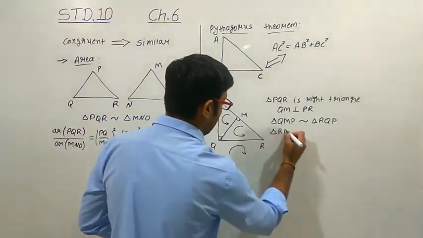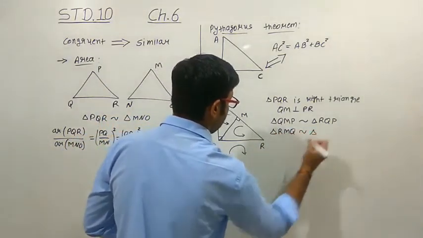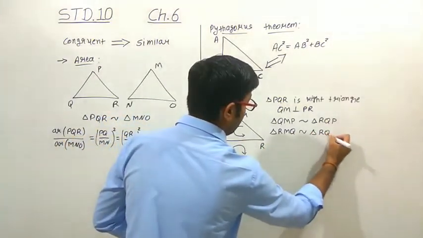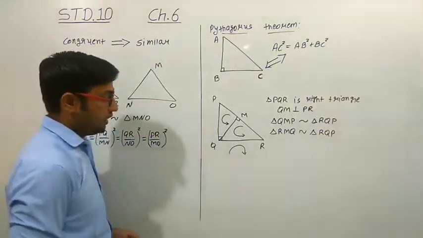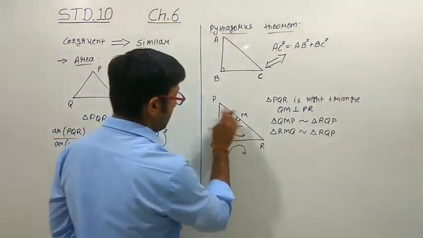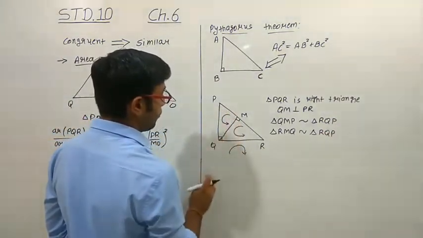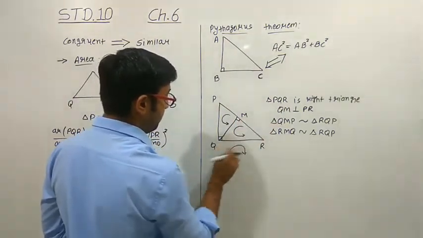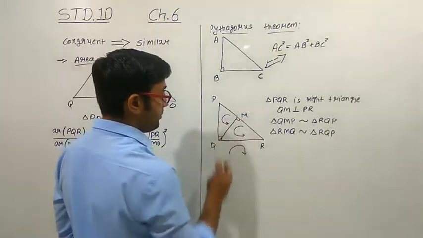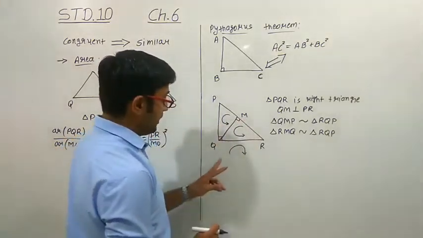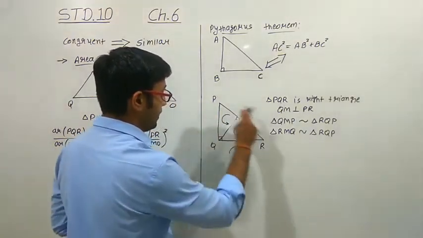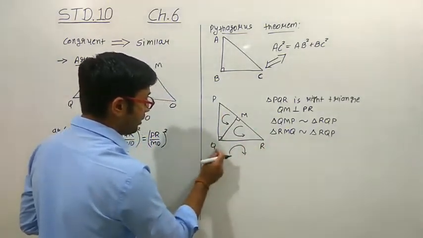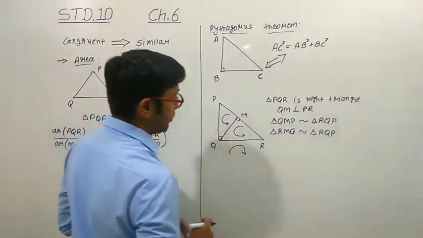Triangle RMQ is similar to triangle RQP, which remains as it is. For both these interior triangles we take the anti-clockwise direction, QMP and RMQ, and the main triangle we take in the clockwise direction, so we write RQP.